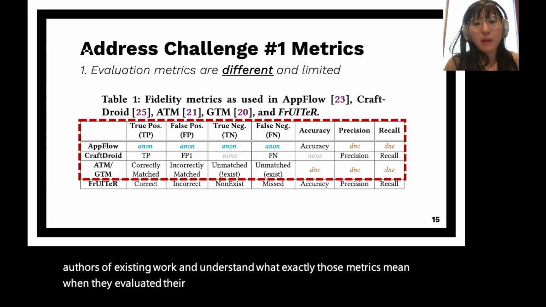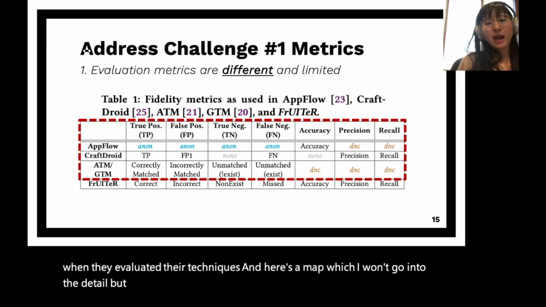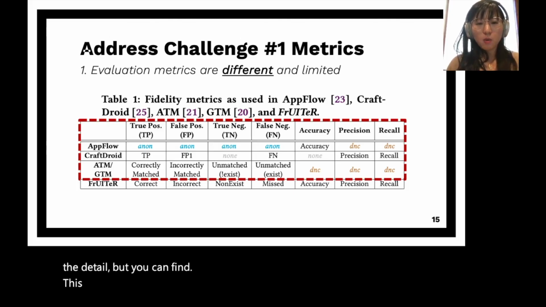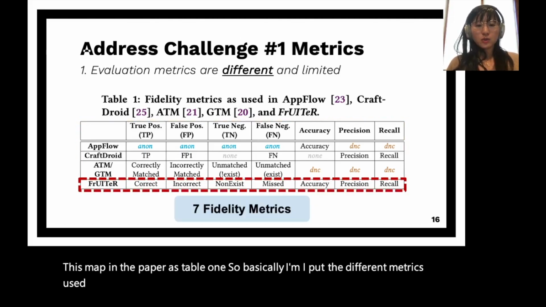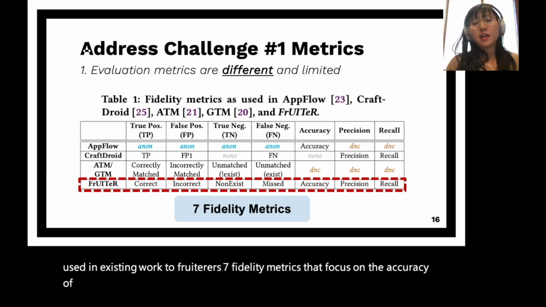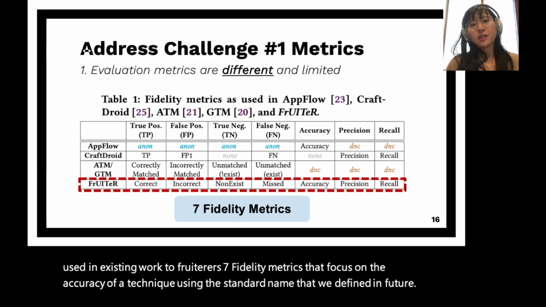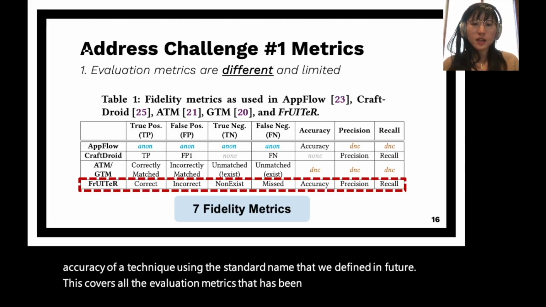Here's a map, which I won't go into detail on, but you can find it in the paper as Table 1. Basically, I map the different metrics used in existing work to FrUITeR's 7 fidelity metrics that focus on the accuracy of a technique, using the standard names that we defined in FrUITeR. This covers all the evaluation metrics that have been used previously.